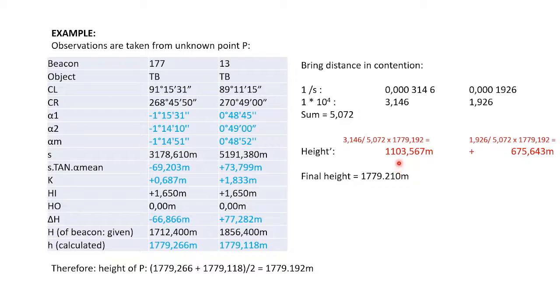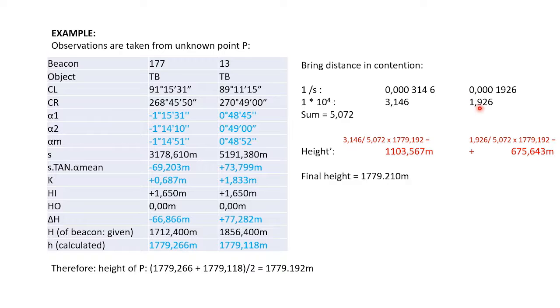If you do the calculation, it'll make sense to you, but basically in this example you say this value plus this value gives you 5.072. Then to determine its fixed height or ratioed height, you say 3.146 over the total times this height, and it gives you this value.